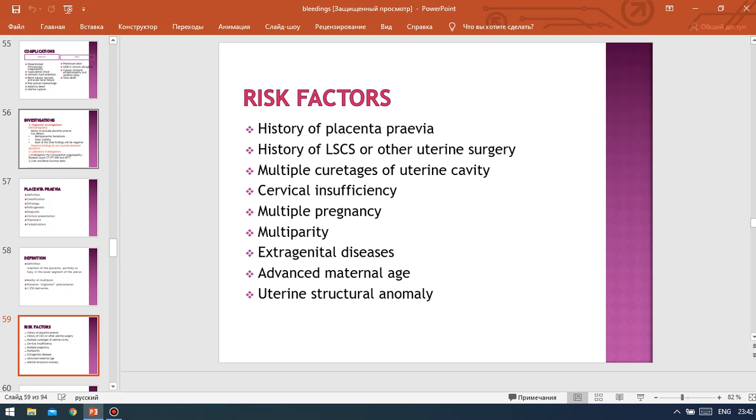Risk factors: first, history of placenta previa before, history of cesarean section or some other uterine surgery, multiple curettage of the uterine cavity, many abortions, cervical insufficiency, multiple pregnancy, multiparity, extragenital diseases, advanced maternal age, intrauterine structural anomaly, and nowadays IVF, extracorporeal fertilization, is a risk factor too.